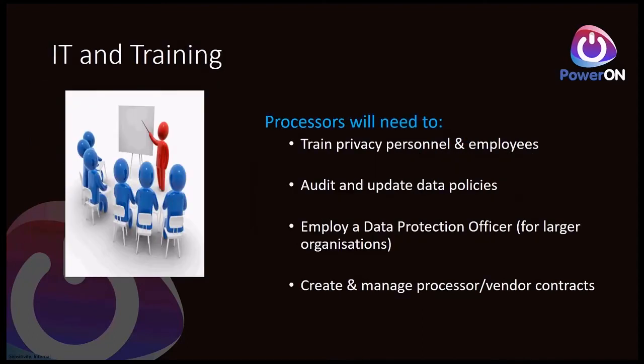Next thing that comes into place with GDPR is training of people. So there is a requirement that all organizations with 250 plus employees are now going to have to employ their own data protection officer. So organizations over 250 employees will need to work on employing a data protection officer. So another requirement on the back of this is implementation of privacy impact assessments.